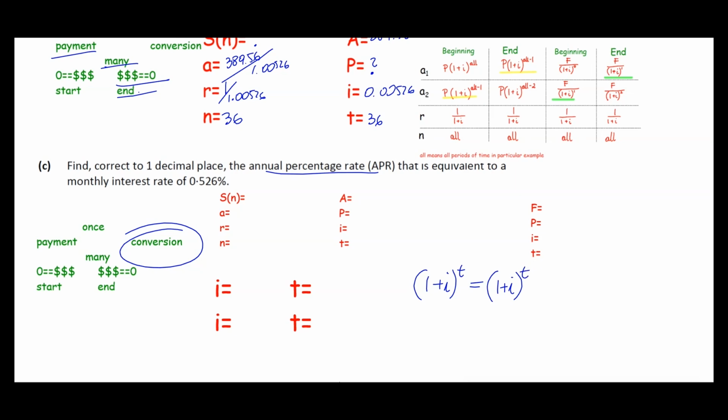And then here we are saying we are looking for 1 year, we are looking for monthly, so 12 months. So that means I have what monthly rate. So the interest rate is 0.00526 and the time 12 months, and then 1 year, and it's the one I am looking for. So again, simple calculation here.